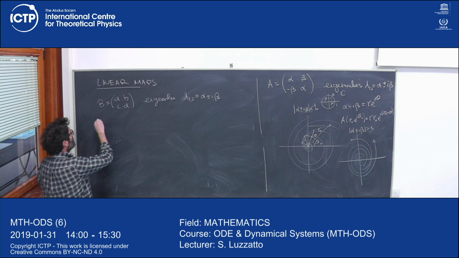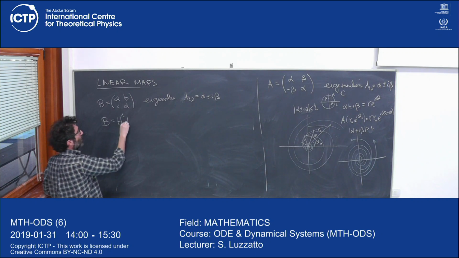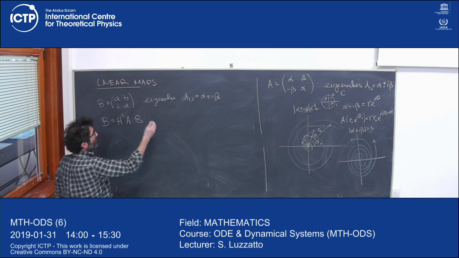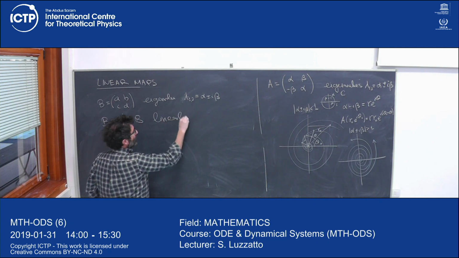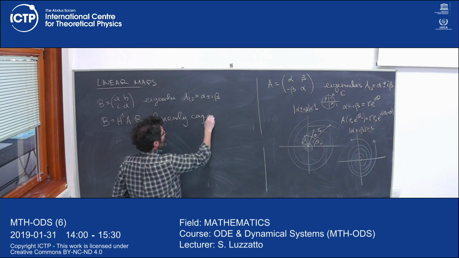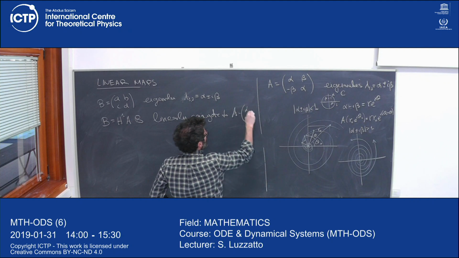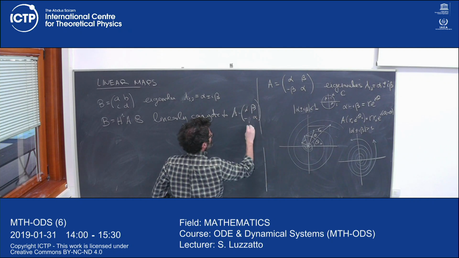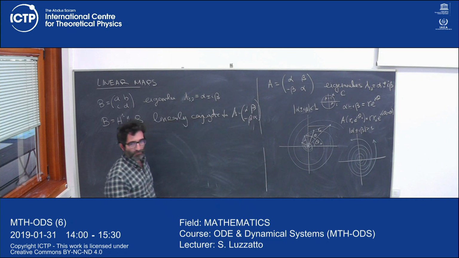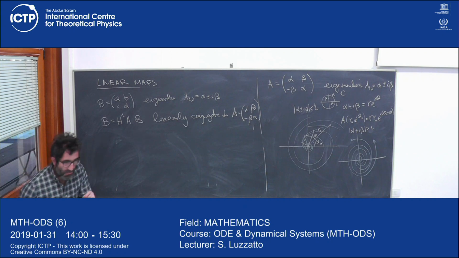So B equals H minus 1 A H, linearly conjugate to (alpha, minus beta; beta, alpha). This is in the notes.